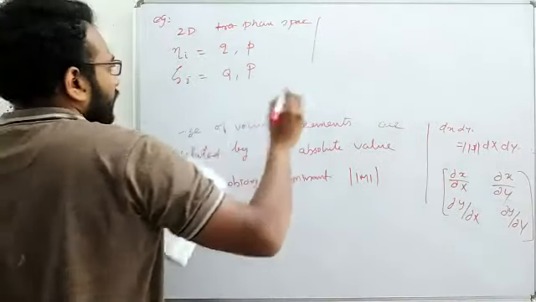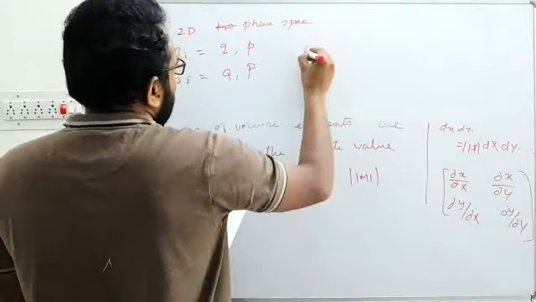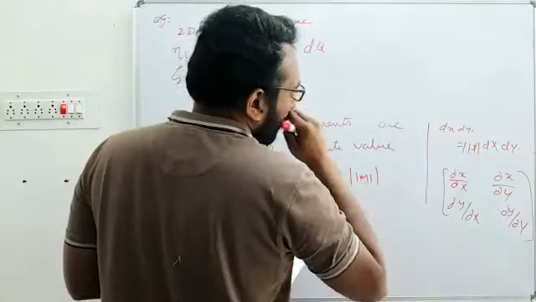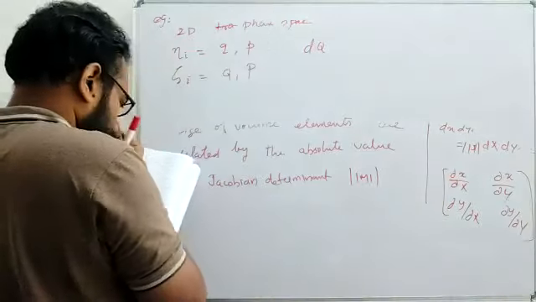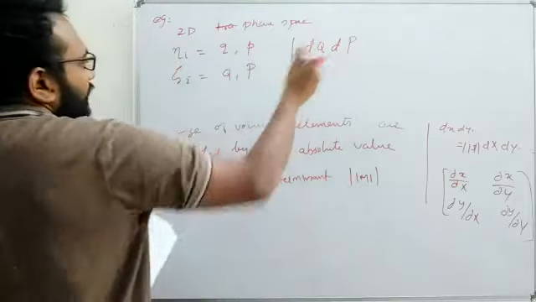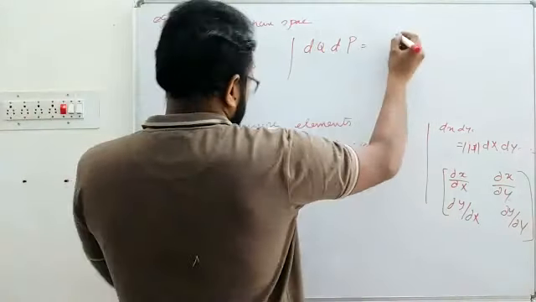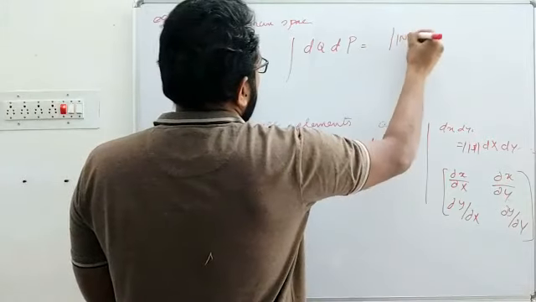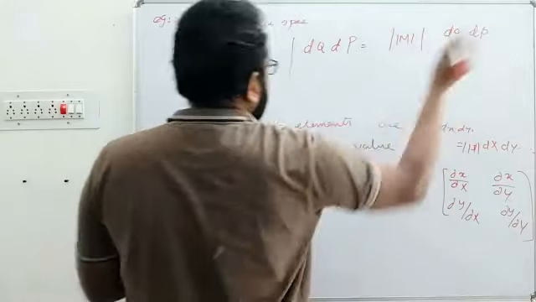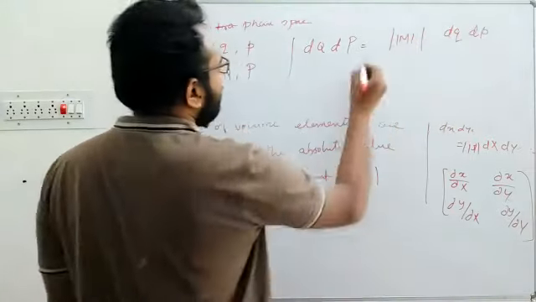We can say that dQ dP, the volume element in the new phase space, is equal to the absolute value of the determinant times dq dp.